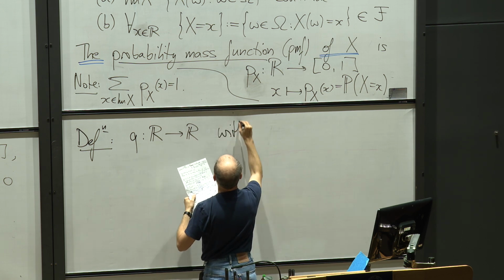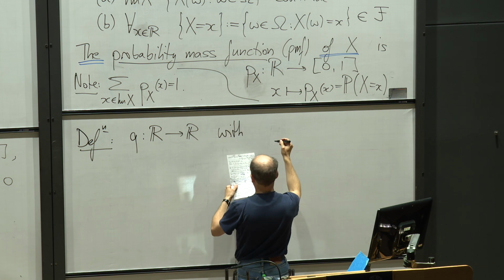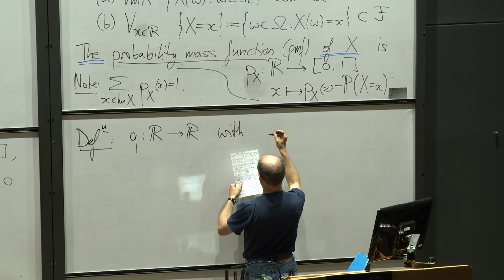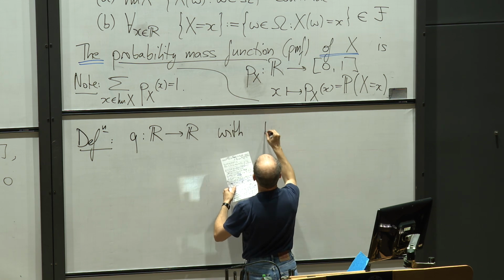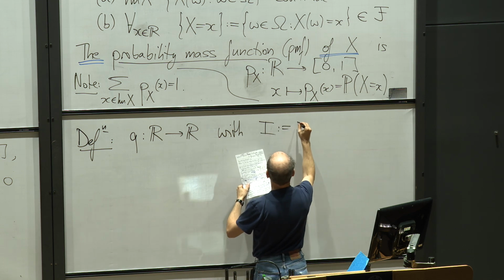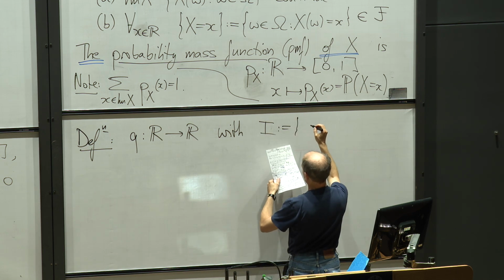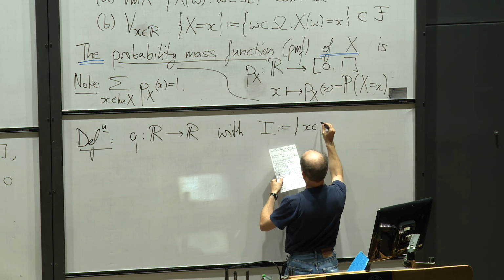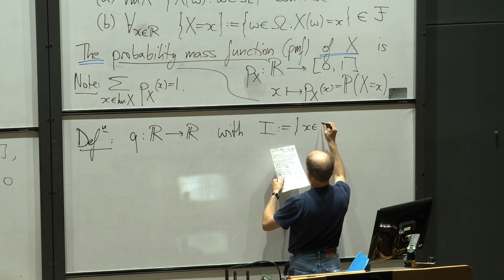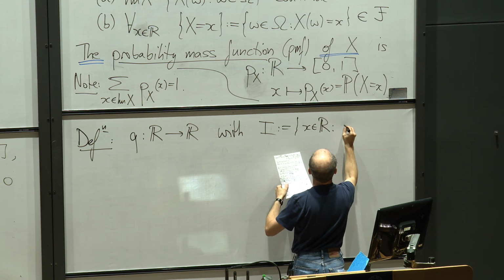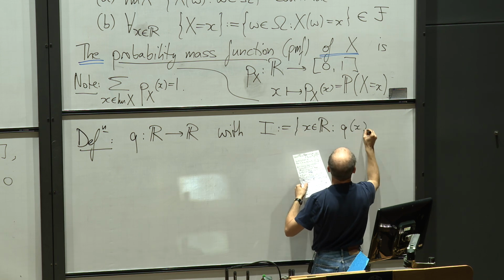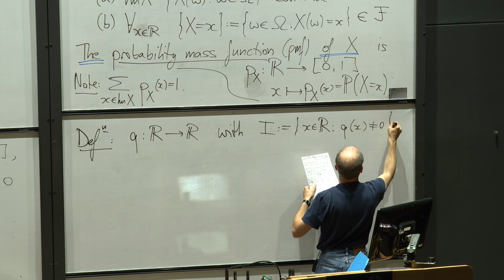Namely, I being the set of x in R for which q of x is non-zero.